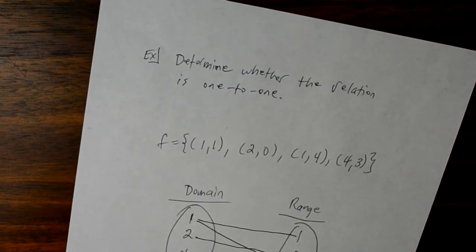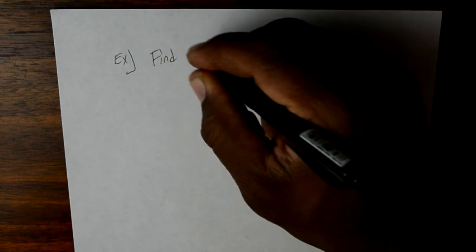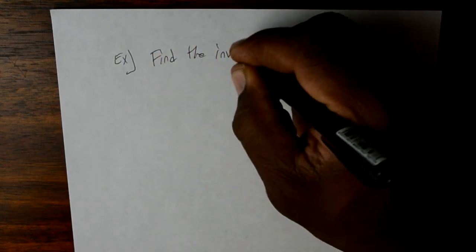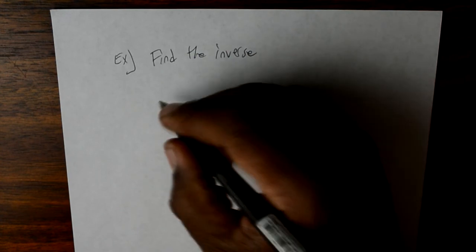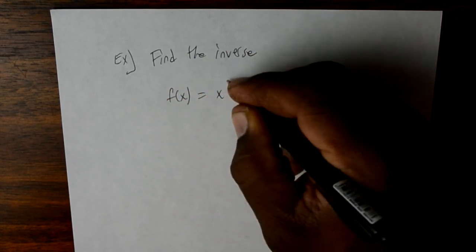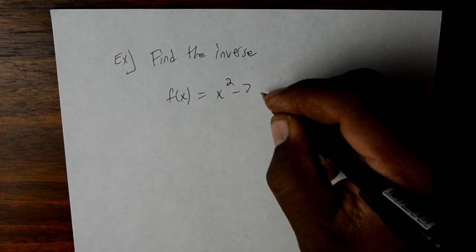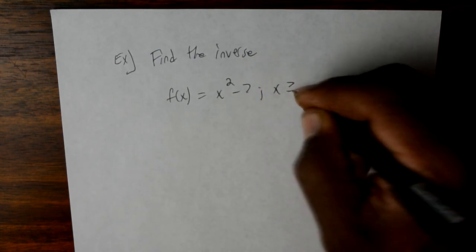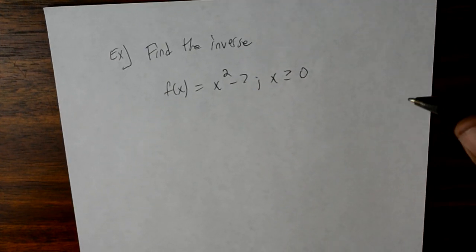Now let's see how we can take an equation and find the inverse of an equation. Here we're asked to find the inverse. And we're given the equation f of x is equal to x squared minus 7 with the condition that x is greater than or equal to 0.